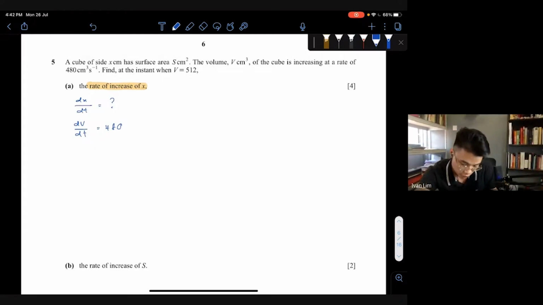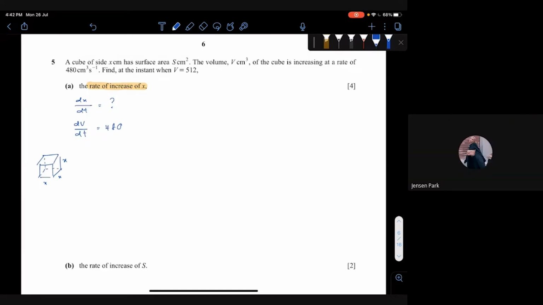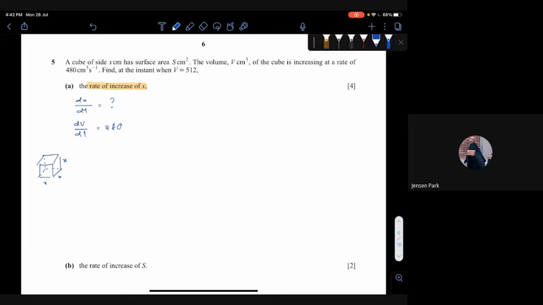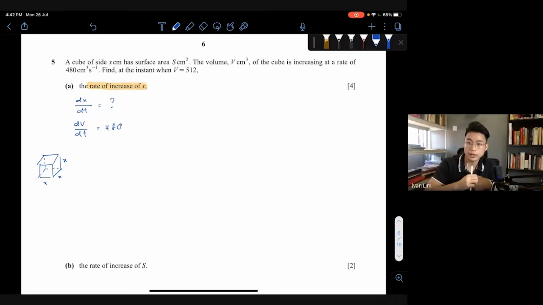You look into the question, they say it is a cube with side x cm. So the base, width, and height are all the same. So it's x cubed. x cubed is your v.